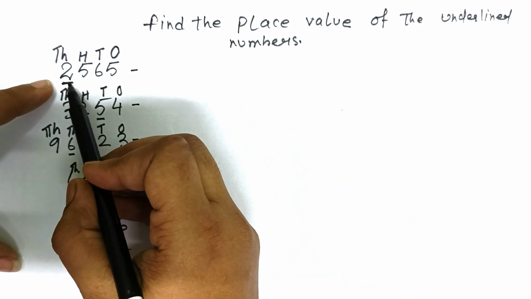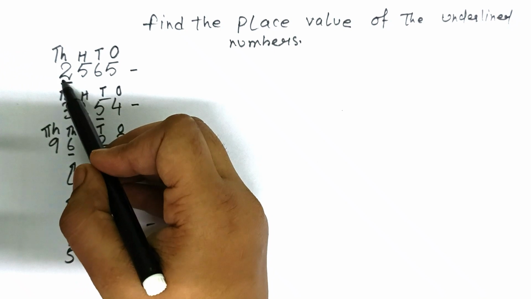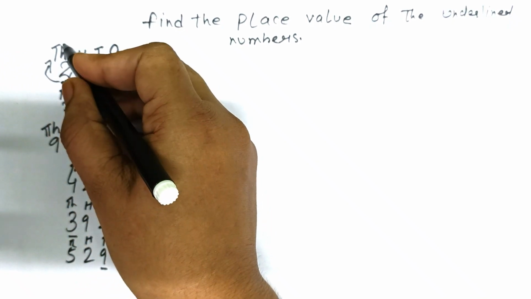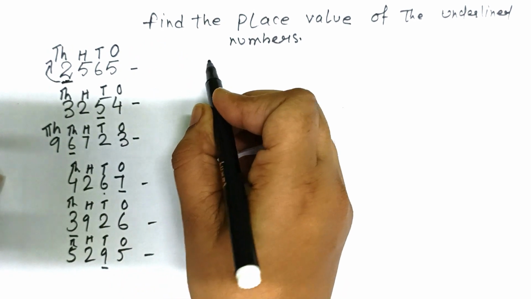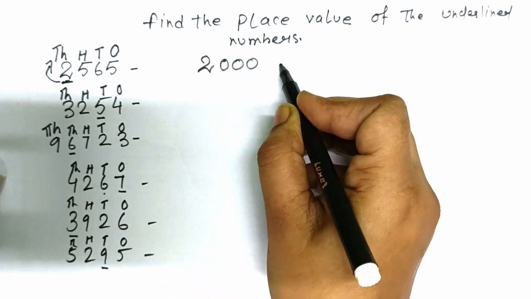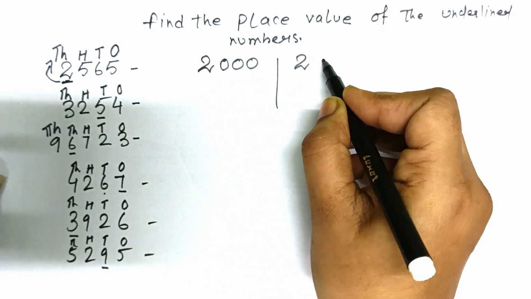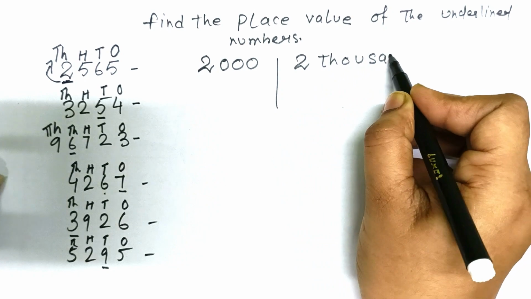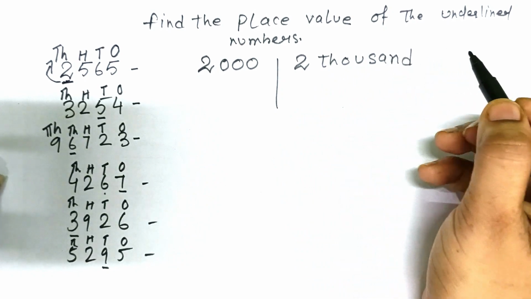Now we are supposed to find out the place value of this 2. You can see the place value of this 2 is 1000, so you can write 2000, or you can write it in words as well, 2 THOUSAND. Clear?